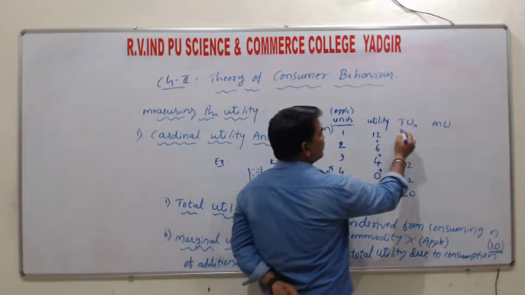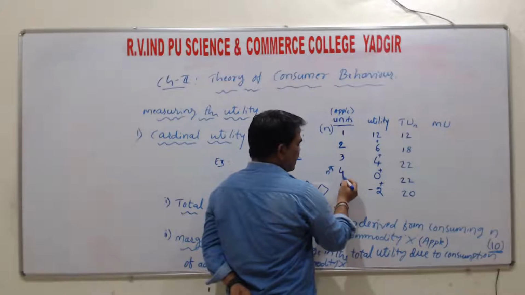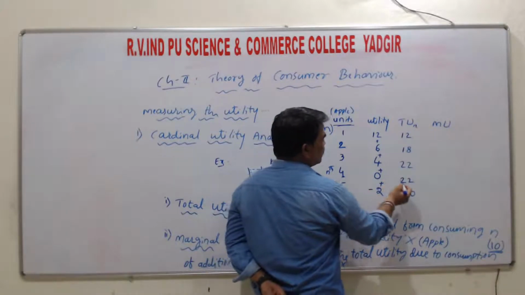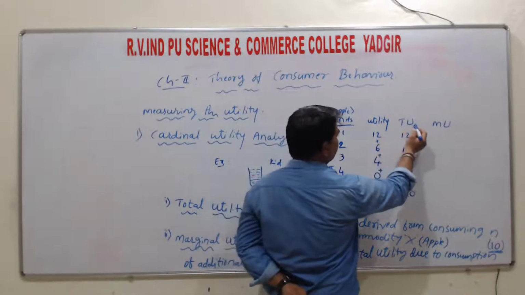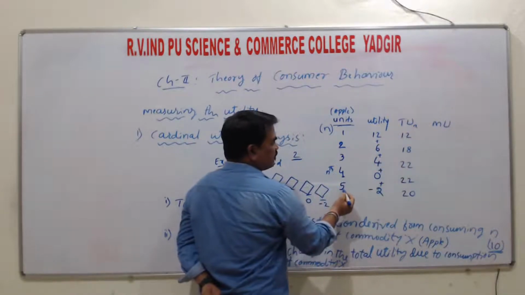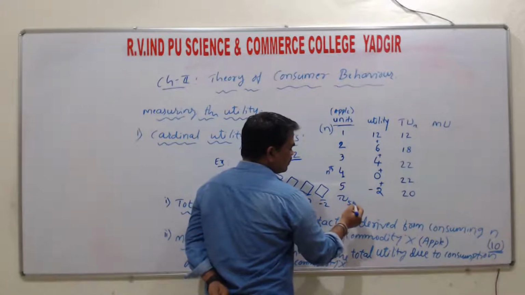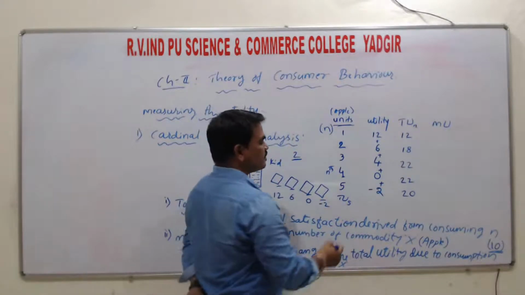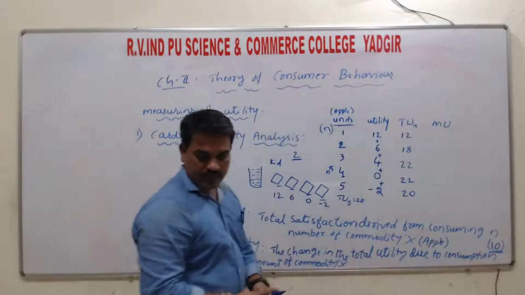Total utility at the nth apple: if the nth apple is 4, then my TU is 22. If my nth apple is 5, TU5, the total utility at the 5th commodity is 20. You can say it is equal to 20.